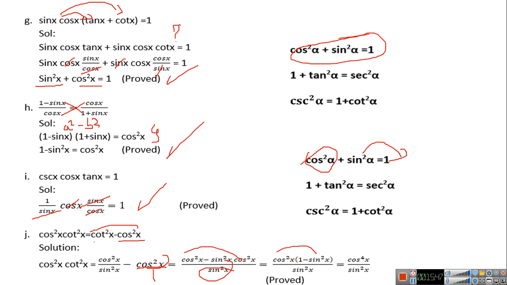Cosine square times cosine square is cosine 4 over sine square. But we know that cotangent in the beginning is cosine square over sine square, no need to do it because it's very obvious. So it's the same, so it's already proved.